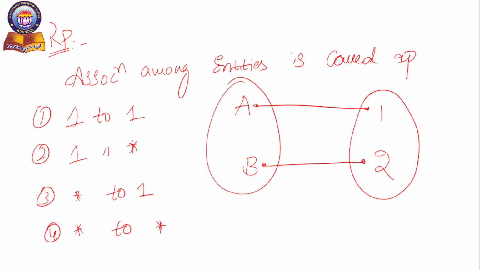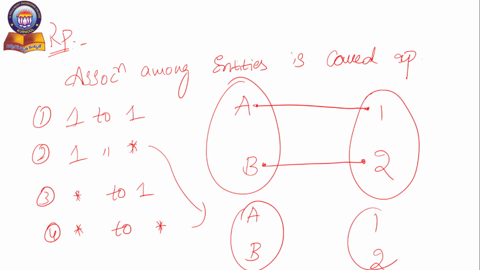This is called a one-to-one relationship. Next, one-to-many. So in this set we will consider that only one entity of the first set is related to many entities of the second set.